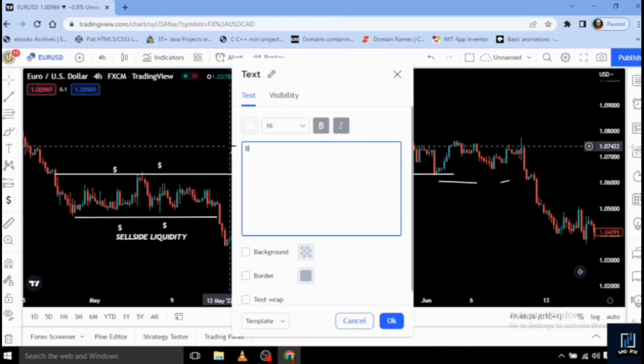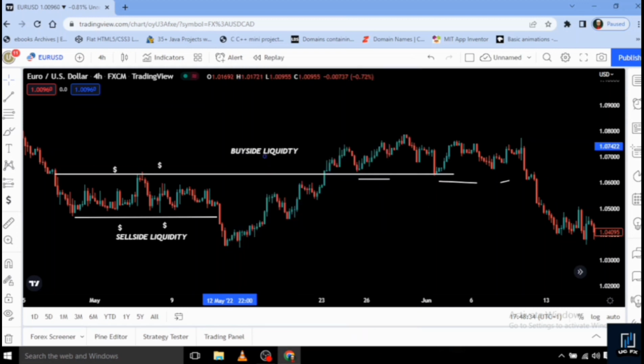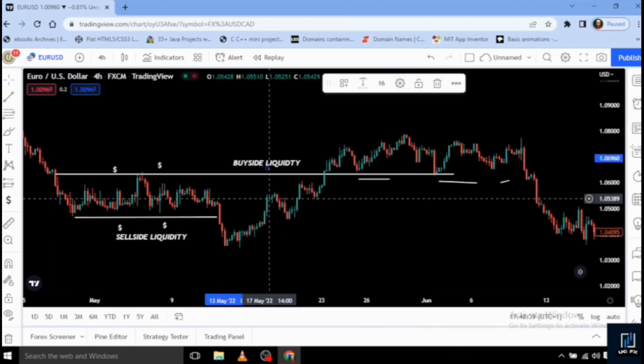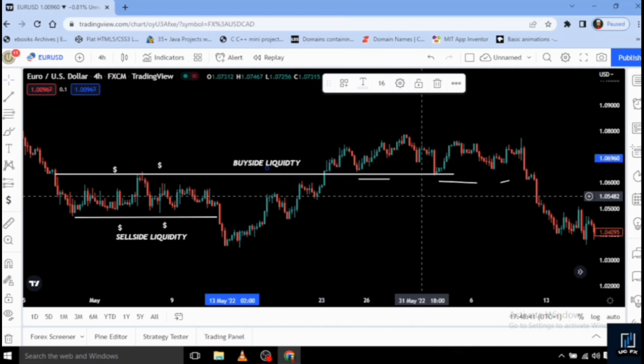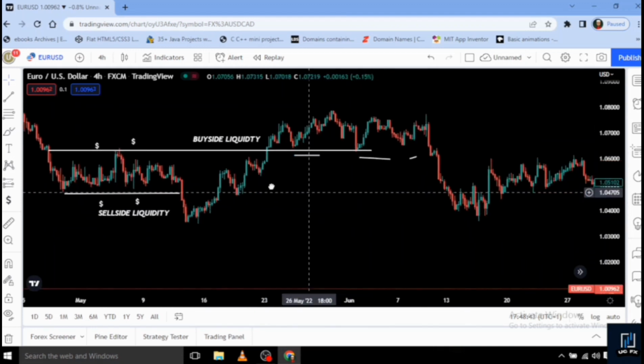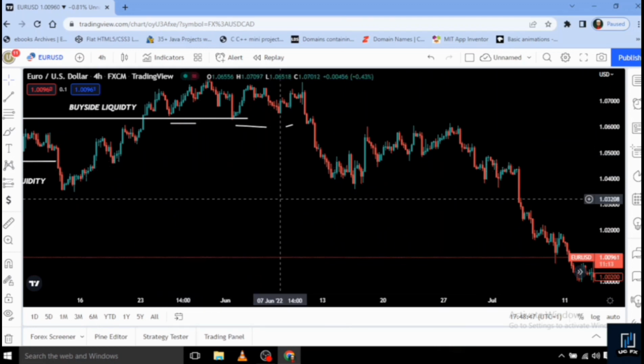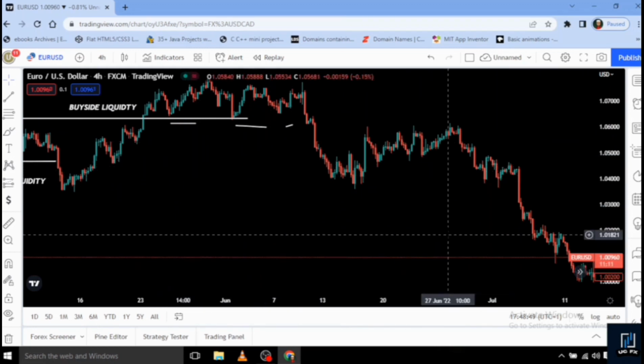So we now have our buy side liquidity. They grab the sell side liquidity, grab the buy side liquidity, and then what next? The downtrend goes all the way through.